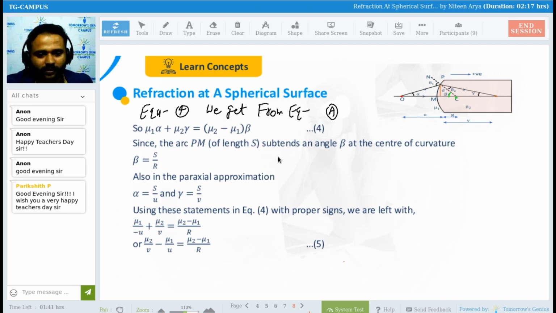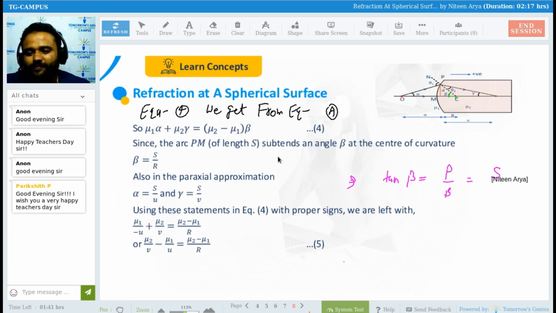Because tan of beta is perpendicular upon base, where the perpendicular is S and the base is simply R. Why can I take R directly? Because the distance from the pole to the center is the radius of curvature. Is this clear?